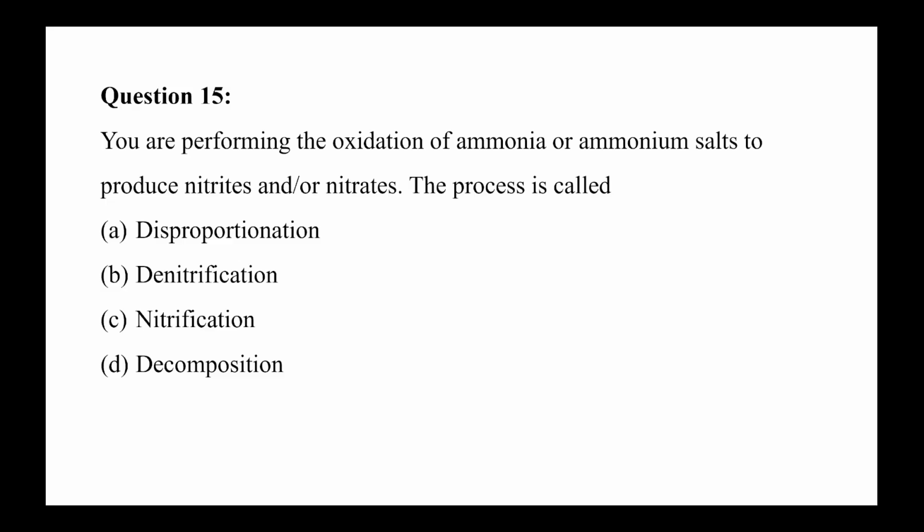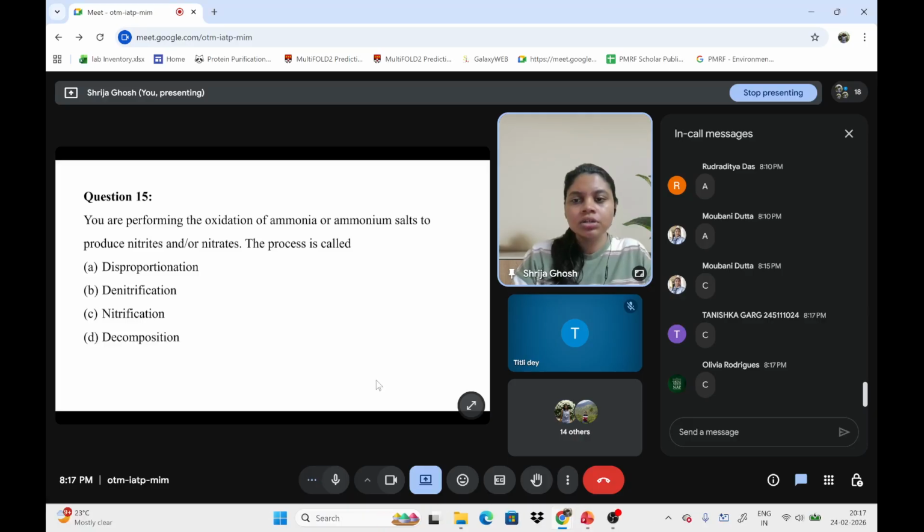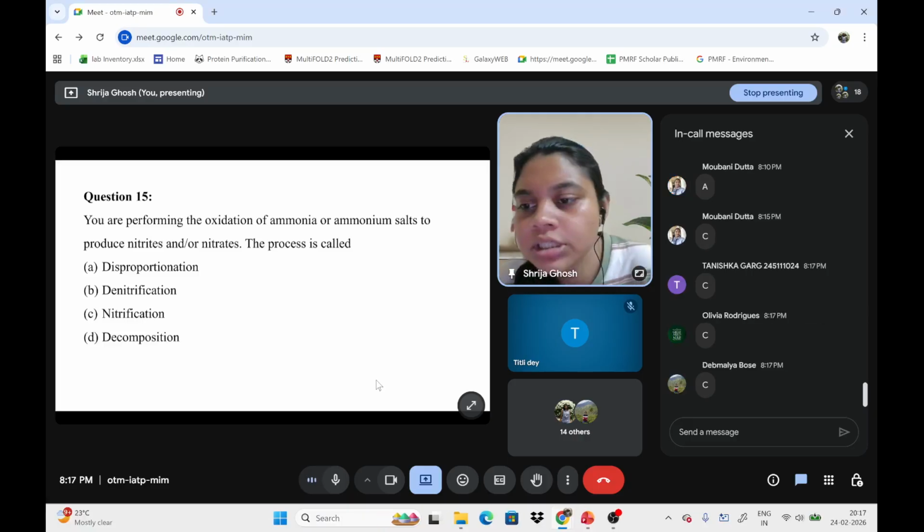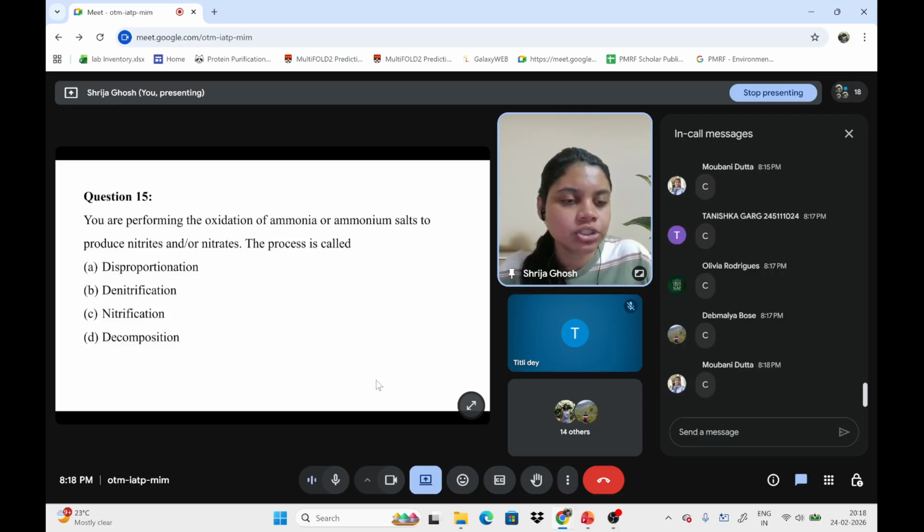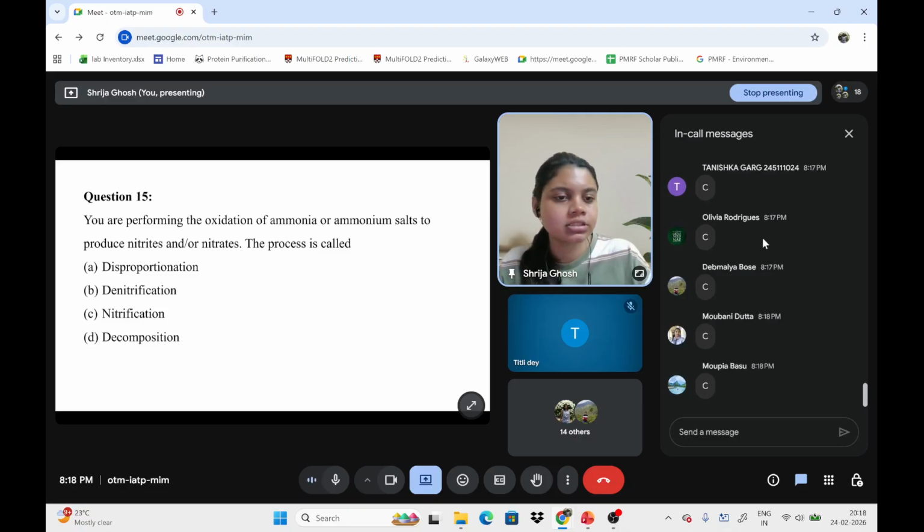What is the process called? I have actually told this in one of the previous questions, so most of you should be able to answer. I see many answers in the chat box.